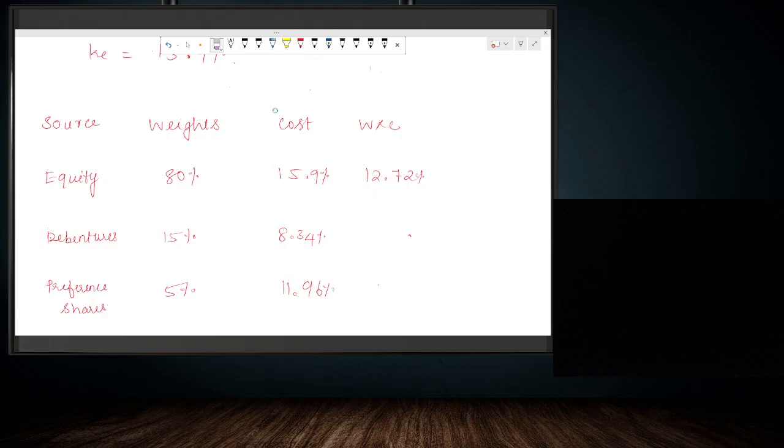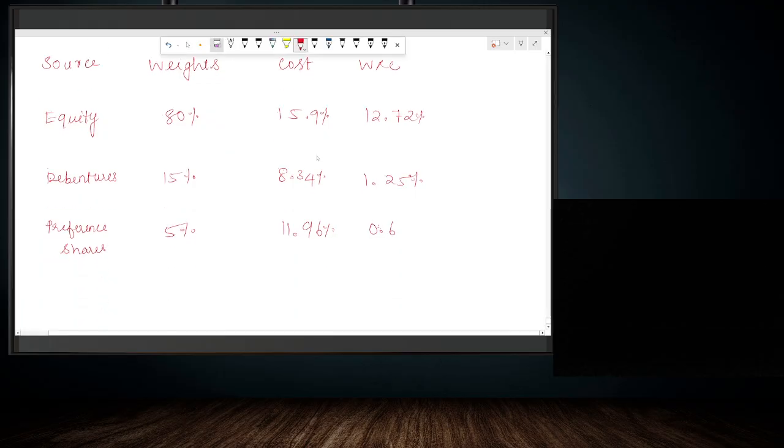It is 8.34, not 12.72. Second, debentures. 15% into 8.34, we get 1.25. Then .596. Okay, 596, we can round it to 6.